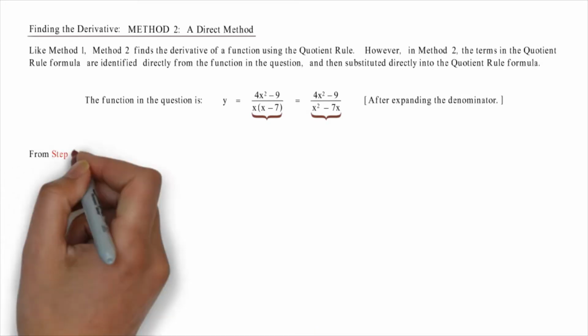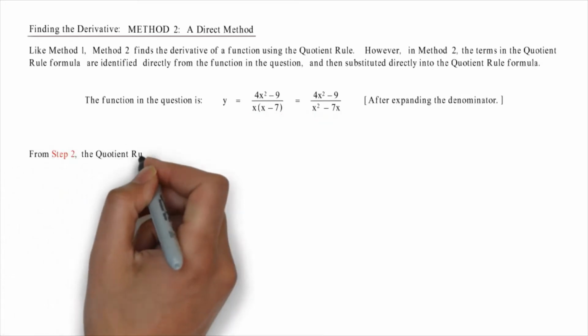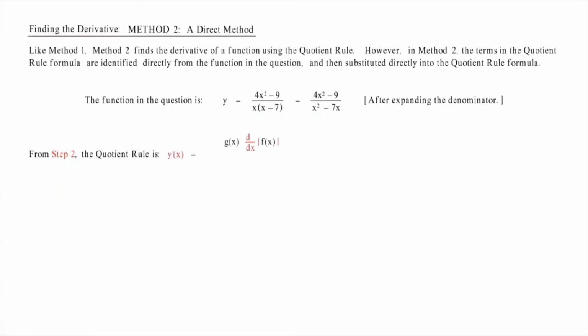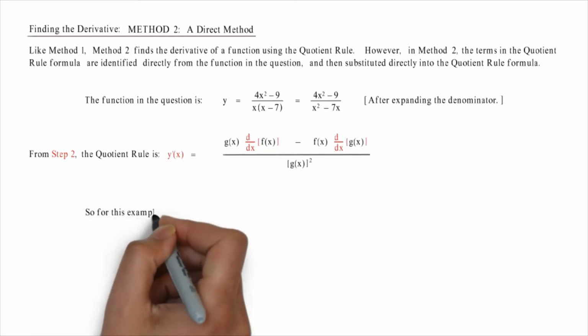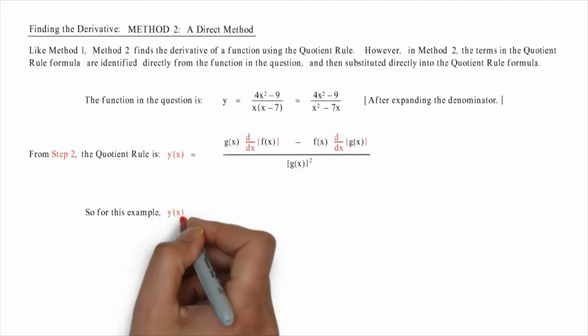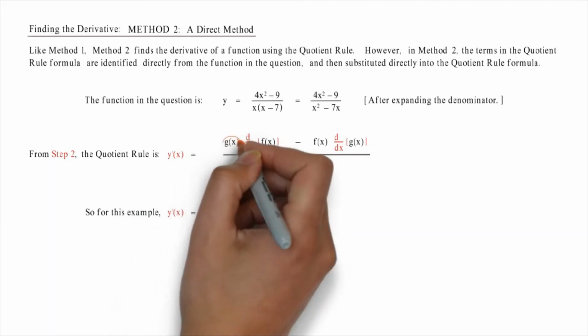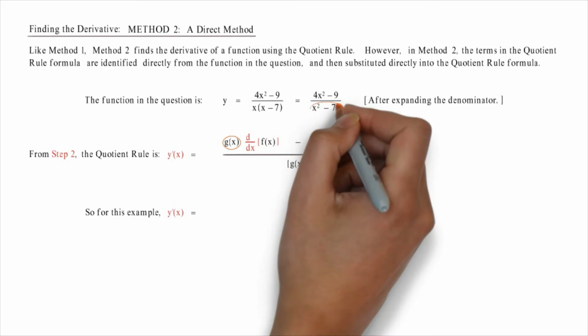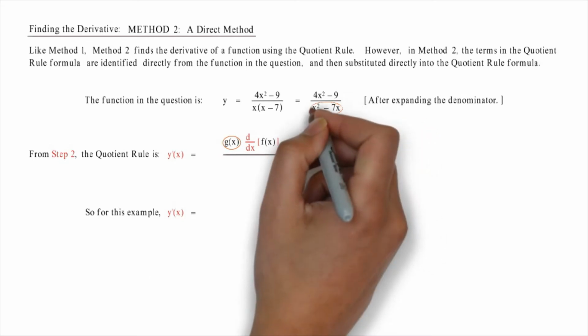From step 2, the quotient rule is. So for this example, y dash x equals g(x), which is x squared minus 7x.